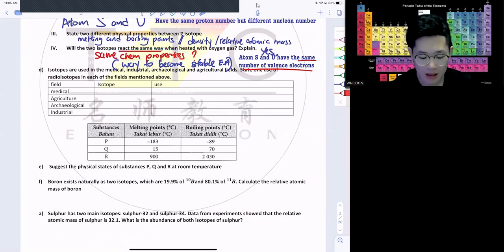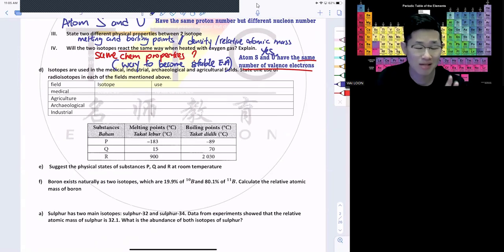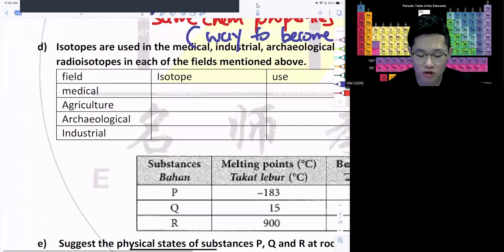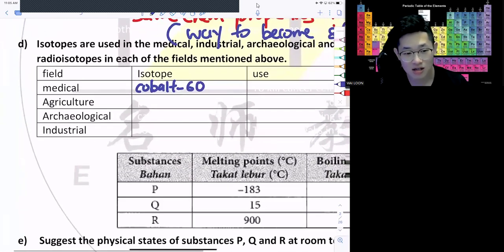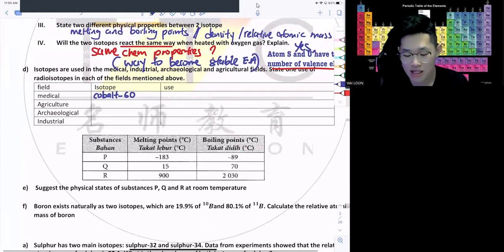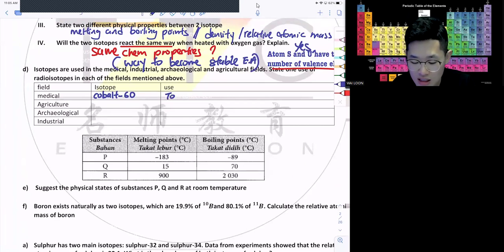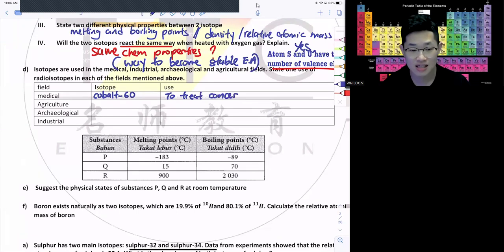Okay, then next. Examples of isotopes in different fields and their uses. These four examples are something that you must study before the exam. In the medical field, cobalt 60 is used to treat cancer.